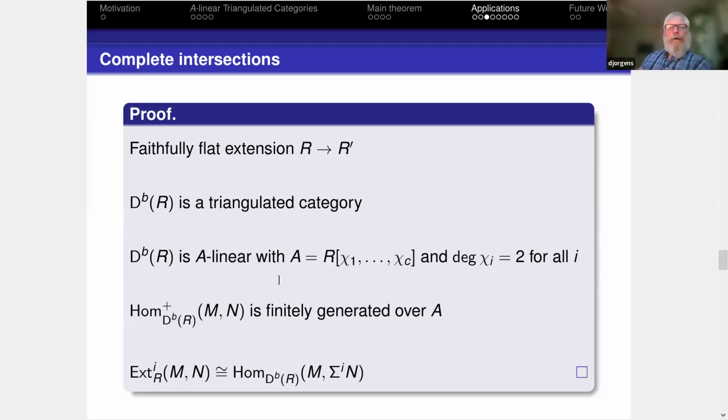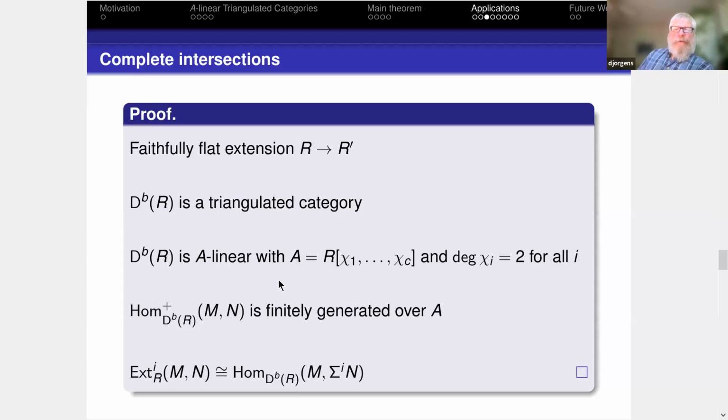So how does the proof go? Well, if your original complete intersection R for some reason didn't contain an infinite field or didn't have an infinite residue field, then you can always go to a faithfully flat extension where that is the case. So that's the first reduction: you move to a different complete intersection that does have an infinite residue field or contains an infinite field.